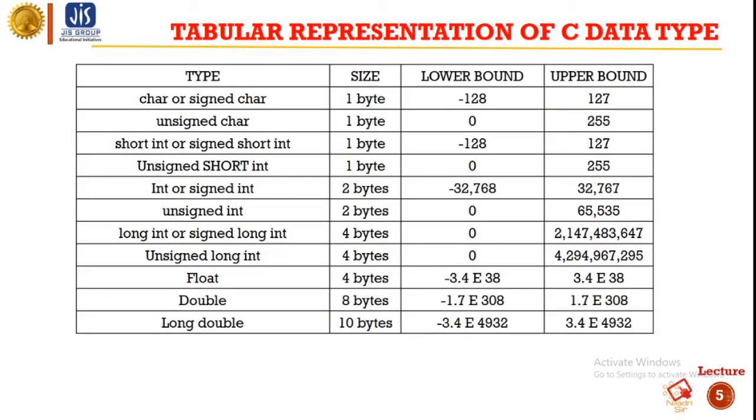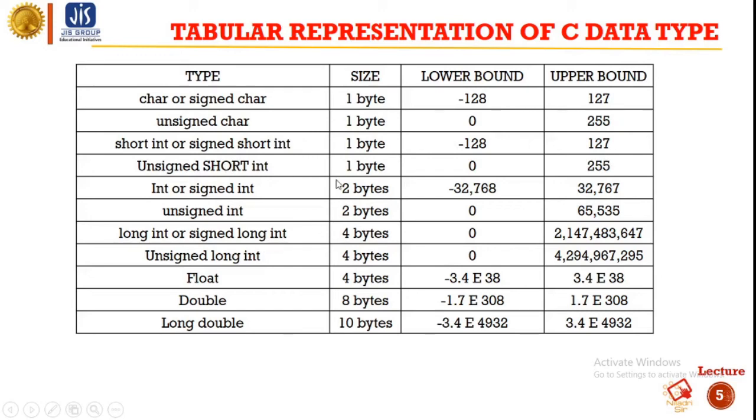So these are the data types. In our tabular representation, we have shown the size, lower bound, and upper bound. Char or signed char takes one byte of space, and stores a number from minus 128 to 127. Unsigned char takes one byte, with lower bound 0 and upper bound 255. Short or signed short takes one byte, from minus 128 to 127.